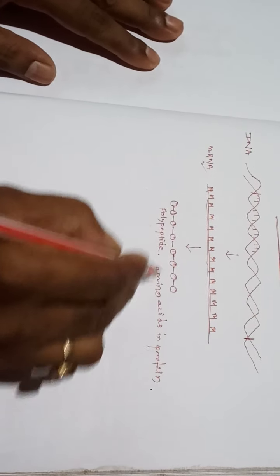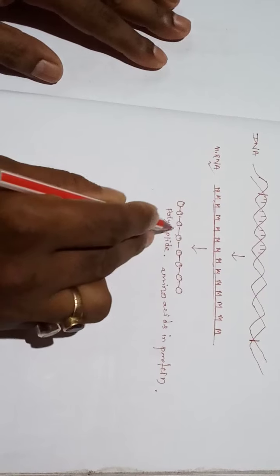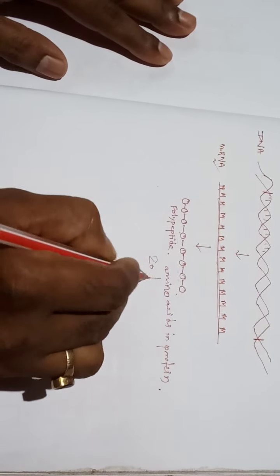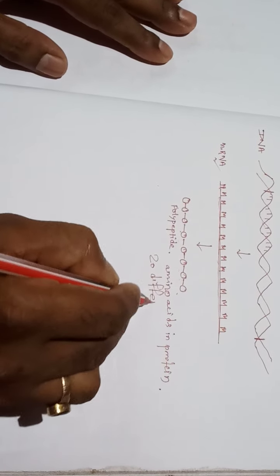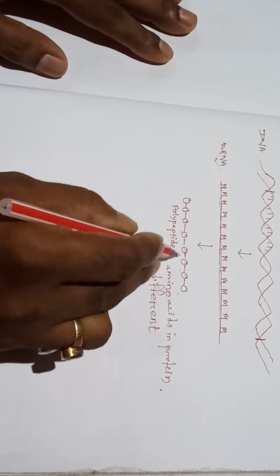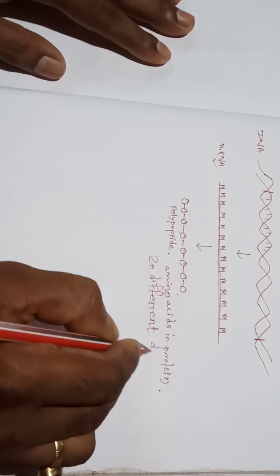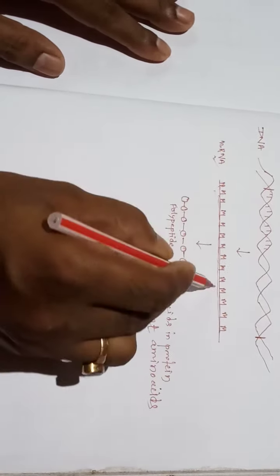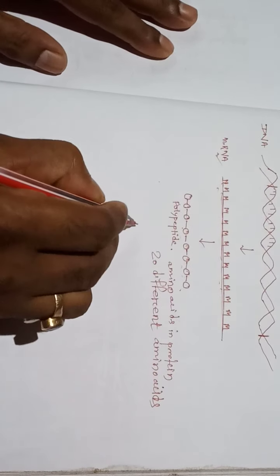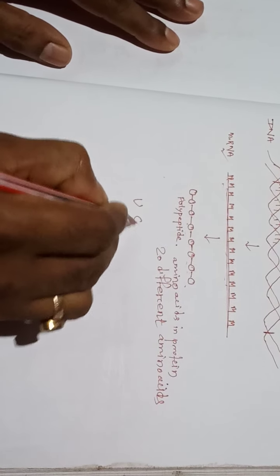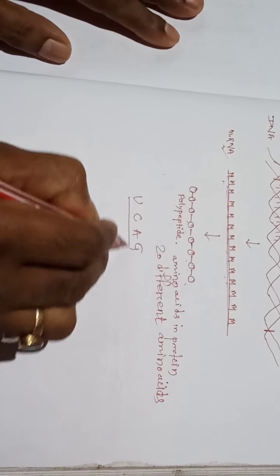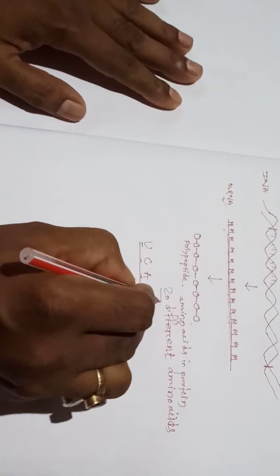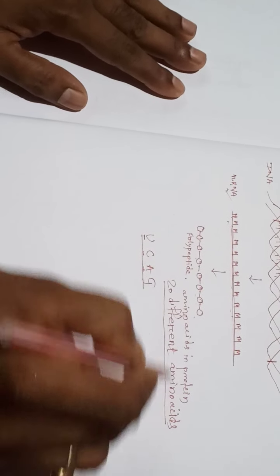We know that proteins are composed of several hundreds of 20 different amino acids. But in mRNA, we have only 4 types of nitrogenous bases, that is U, C, A, G. In mRNA, we find these 4 types of nucleotides, and in proteins, we have 20 different types of amino acids.